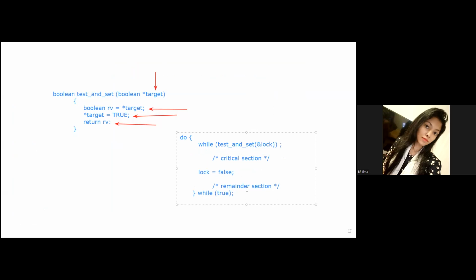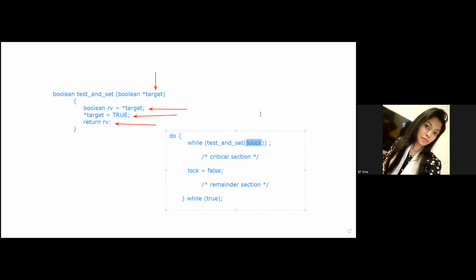We have the entry section here, and then the critical section, the exit section, and then the remainder section. It's the same kind of structure, but we are trying to modify the entry section and the exit section to improve our solution. Here we are using the test and set and this lock variable.